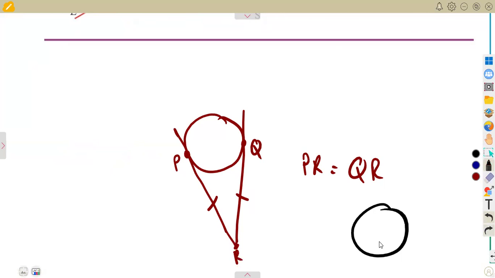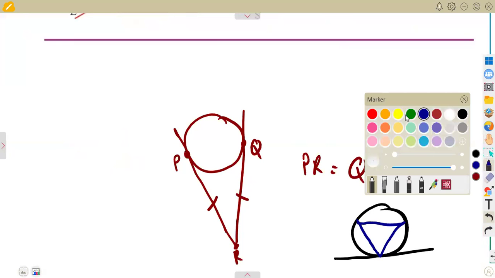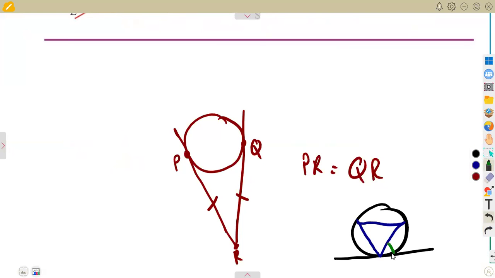Also, if you have the same scenario of a tangent, drawn like this, then we've got a chord. Remember our theorem 7, which states that the angle between a tangent to the circle and the chord is equal to the angle in the alternate segment.